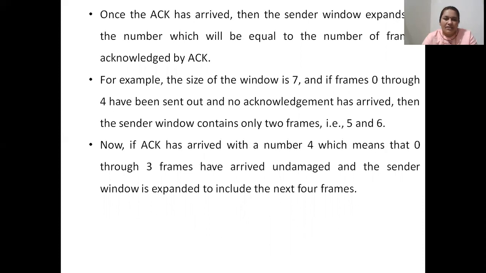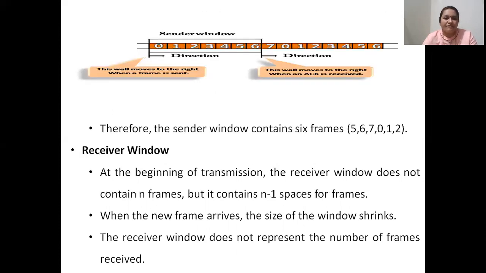So for example, if the size of the window is 7, and frames 0 to 4 have been sent out and no acknowledgement has arrived, then the sender window contains only 2 frames, 5 and 6. At this stage, if an acknowledgement has arrived with number 4, which means that frames 0 to 3 have arrived undamaged, the sender window will be expanded to include the next 4 frames.